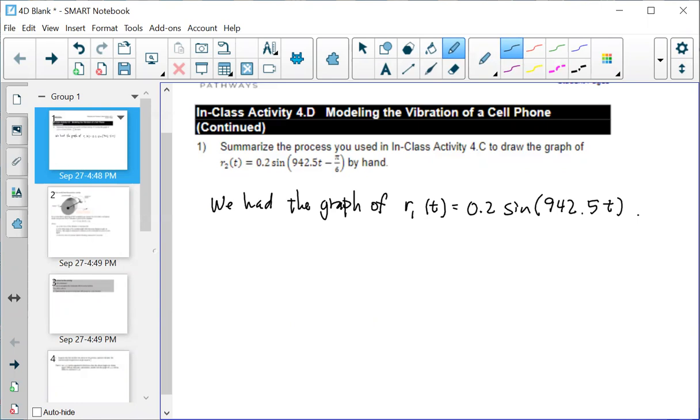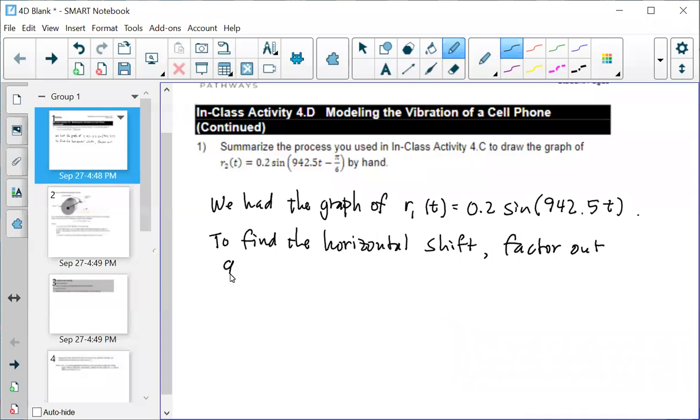Now, to find the horizontal shift, we need to factor out 942.5 from the argument of the sine function.